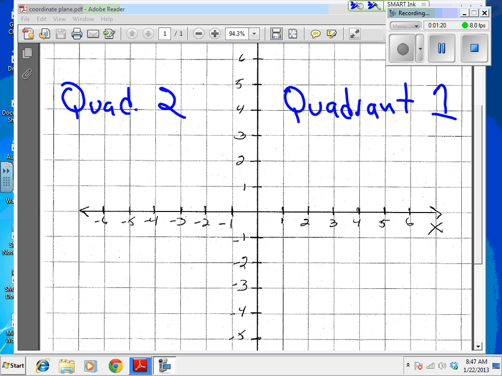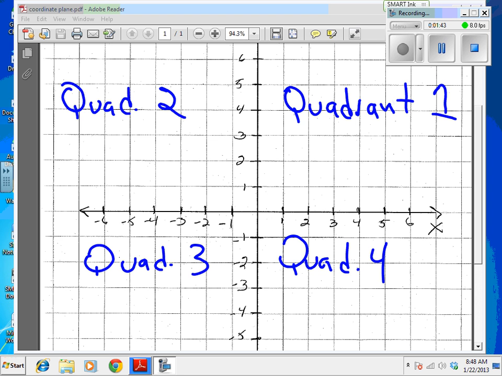Quadrant 2. Quadrant 3. And quadrant 4. Those are the 4 quadrants. And, okay, you should label those.